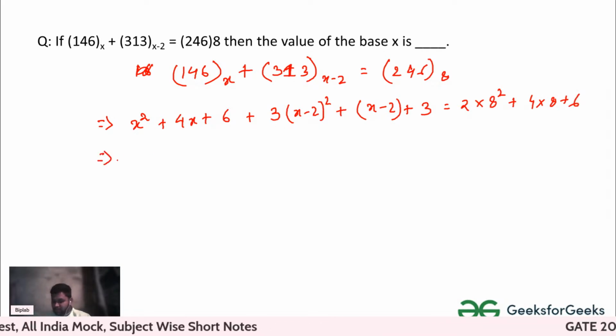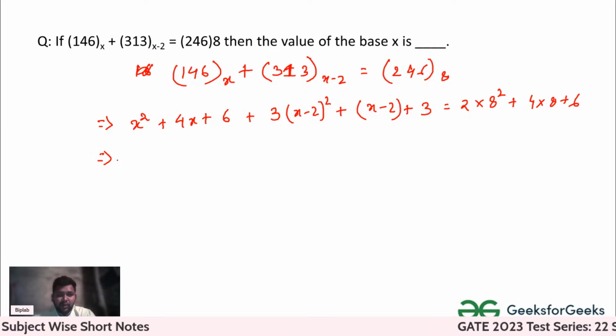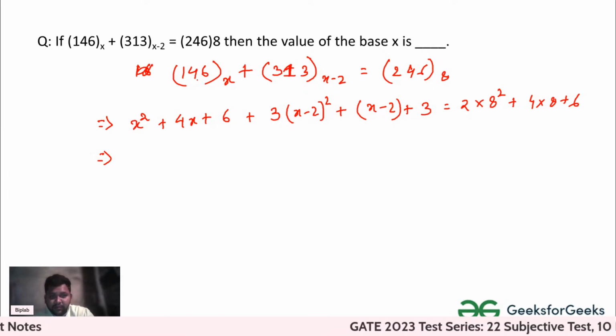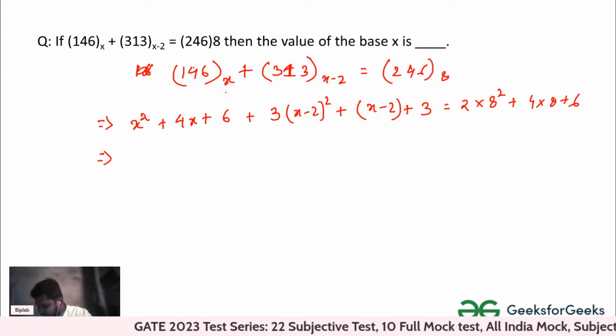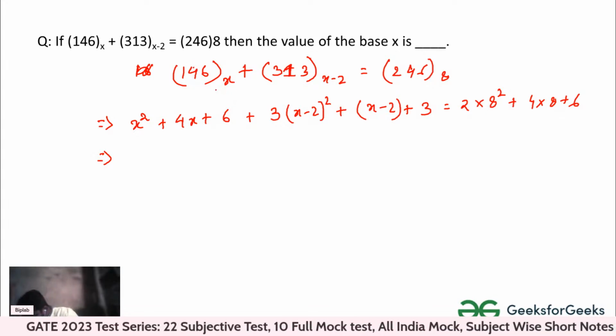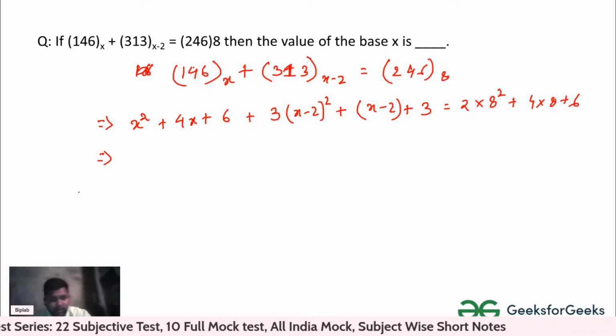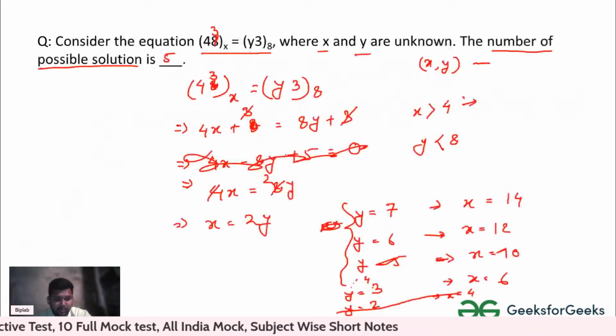So this is a simple equation. x cannot be 4 because you have 4 here, so the base cannot be 4. x is greater than 4. Okay, you are talking about, I think, the previous question.